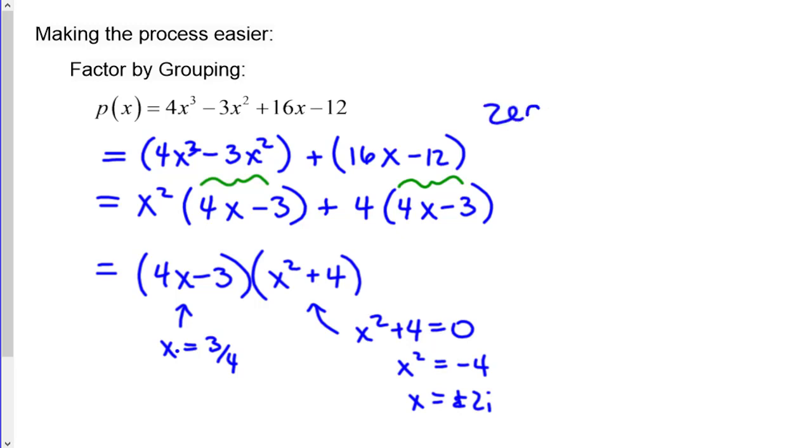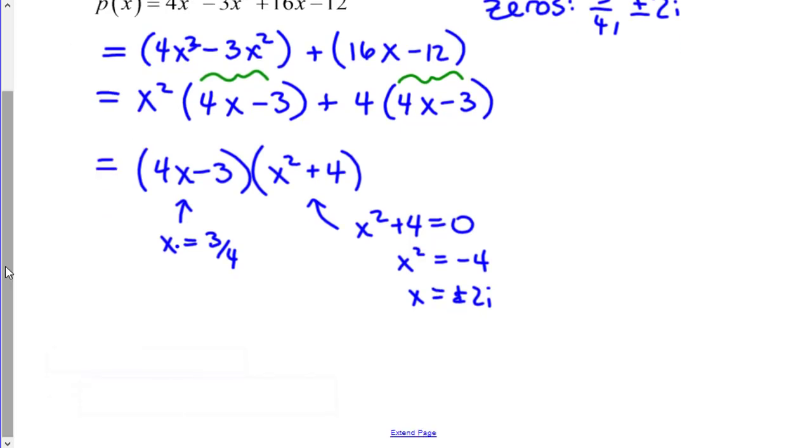So the zeros of this polynomial are 3/4 and plus or minus 2i. So with that factor by grouping working for me, I didn't actually have to go through much effort at all. Definitely a lot faster process.